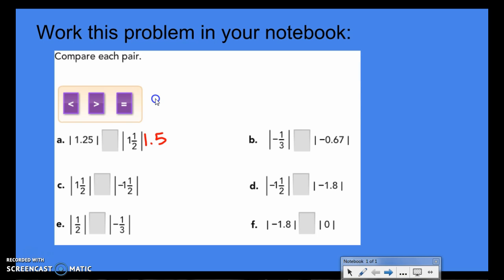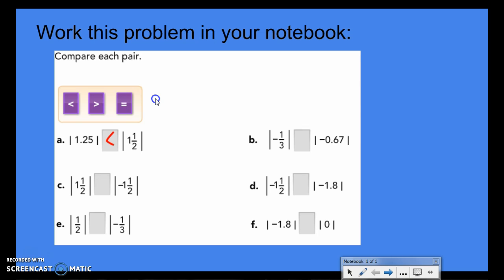But if you go to the decimal part of the number, you have a 2 as your first number and a 5 as your first number. So those are the values you're going to compare. 5, I hope you know, is larger than 2 if they're both positive numbers. So 1 1/2 is larger than 1 and 25/100ths.